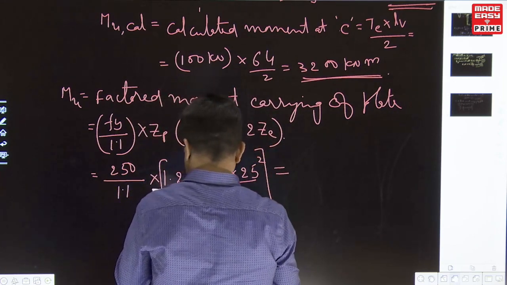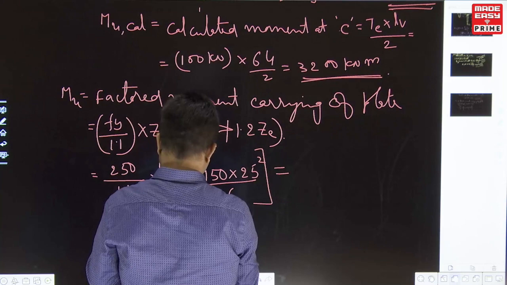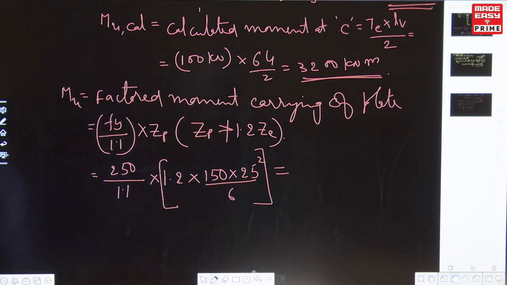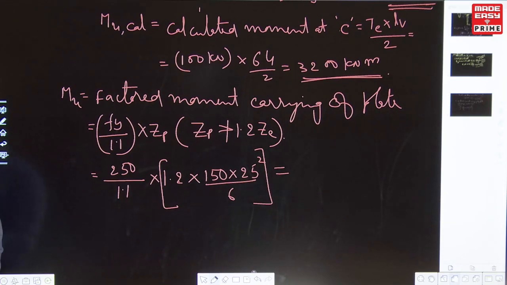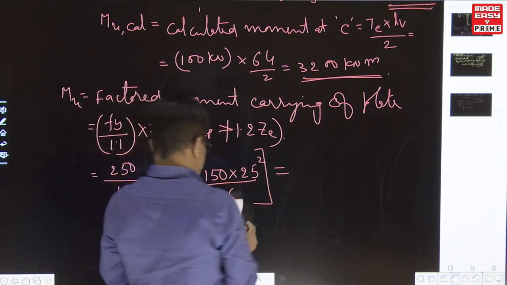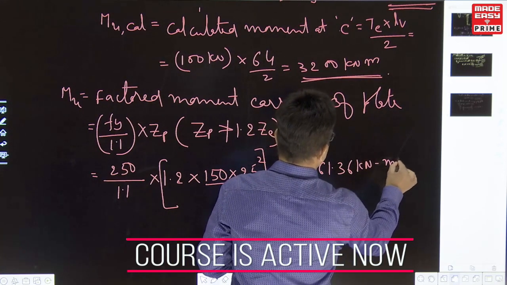So this factored moment carrying capacity, after this calculation, you will get 4261.36 kilonewton mm.